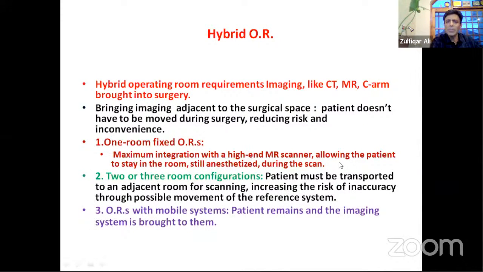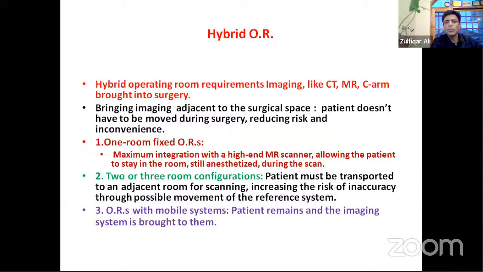In the hybrid operating room, we again use imaging modalities like CT, MR, or C-arm. They are used during the surgical procedures, and the advantage of this hybrid operating room is that the patient doesn't have to be moved during surgery. Now, we have mainly three types of hybrid operating rooms.